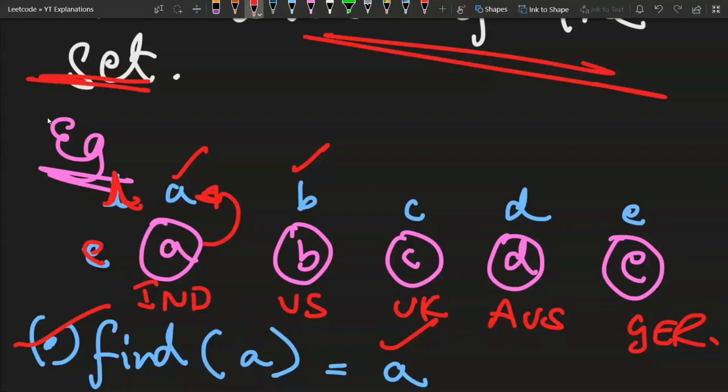Now a country can have only one PM, it cannot have more than one. So for US it might be Biden, for UK someone else, for Australia also one person, for Germany also one person, for India also one person. In the same way, the leader of a set is like the PM of the country, representing the entire country.